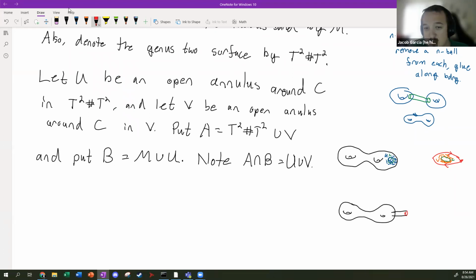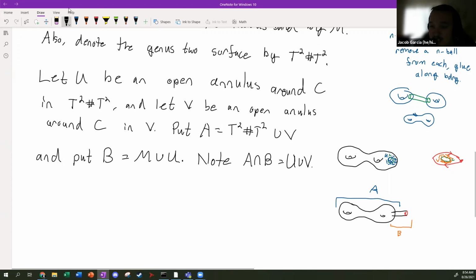A is going to be the entire surface plus a little bit of the cylinder that's sticking out. So A stops here. B is going to be the entire Mobius band plus a tiny bit of the surface, like this part. And then the intersection is going to be here.